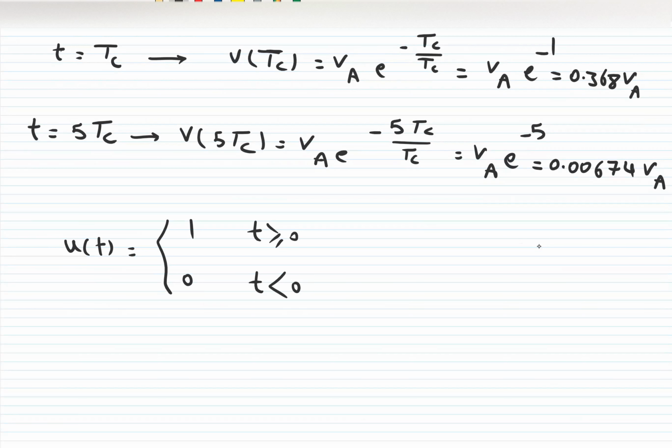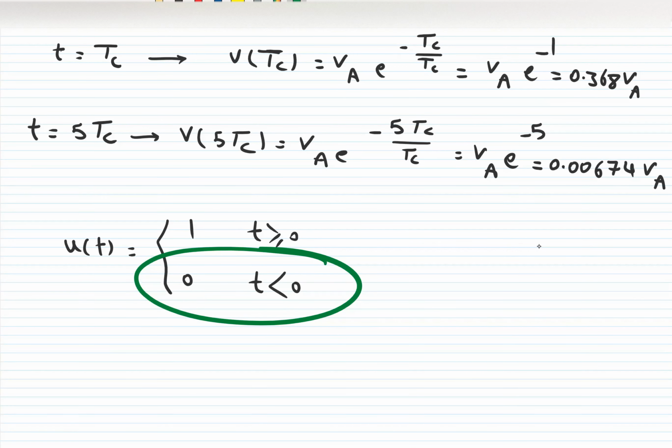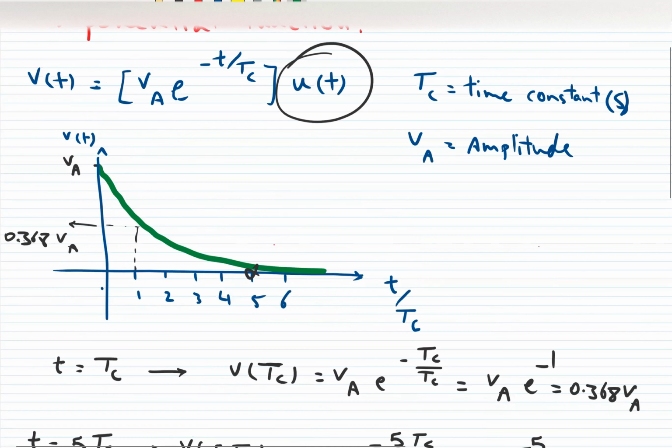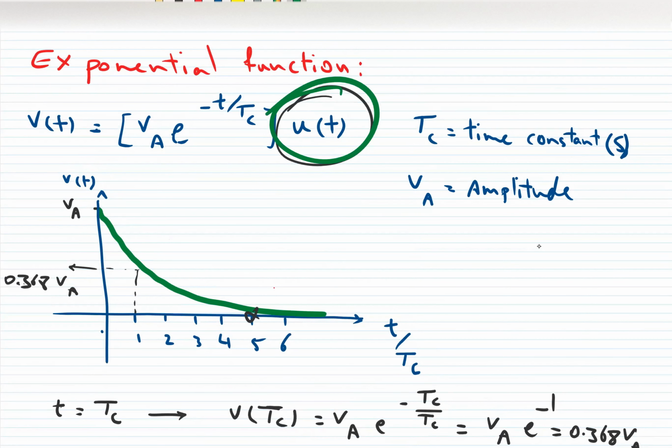So we don't want to have any signal for t less than 0. We start our signals at t equal to 0. So it's the reason why we multiply the exponential function with u of t.